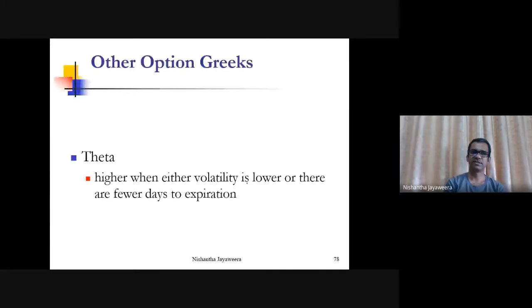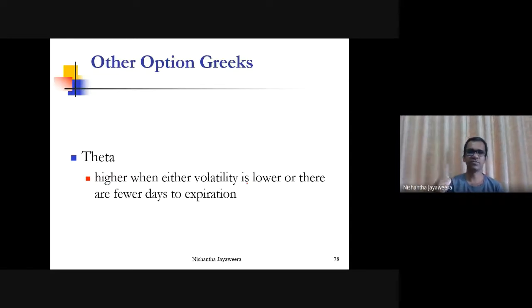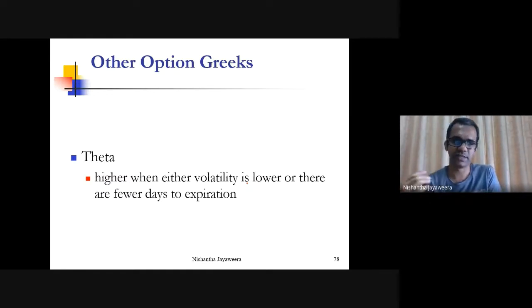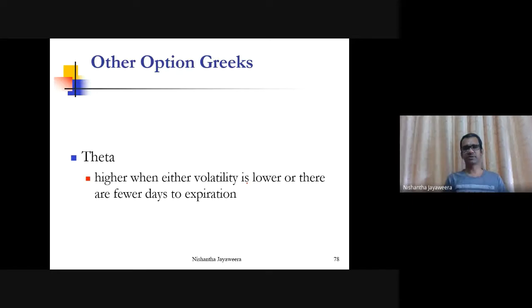So basically theta is high when the volatility is low or there are few days to expiration. Even for a longer maturity, if the volatility is low, then the volatility won't have a large impact on the price of the option.